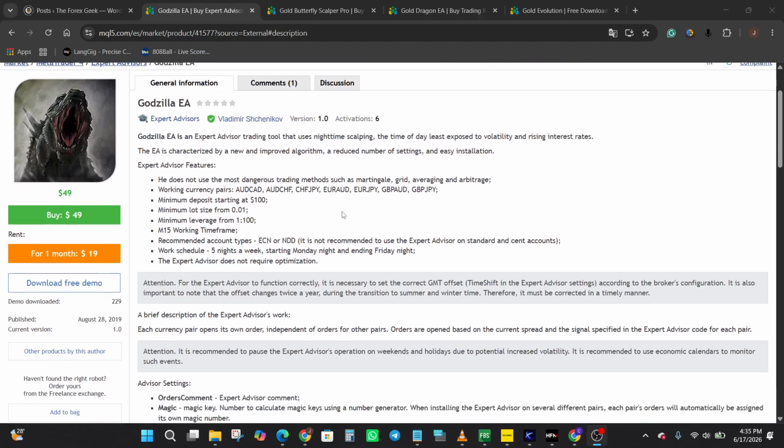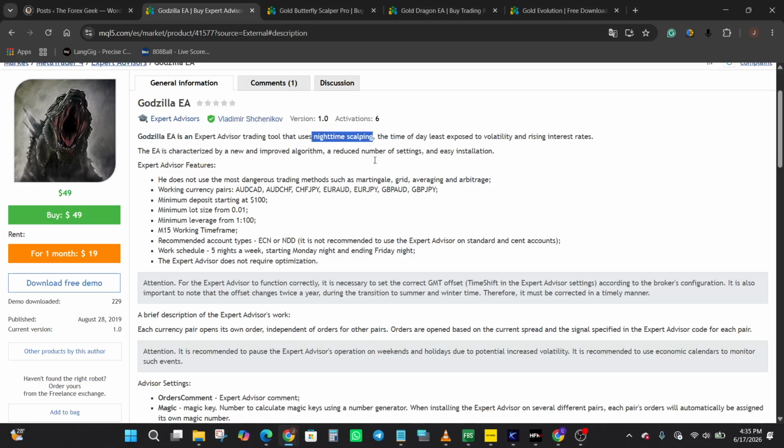Starting here on the marketplace page, Godzilla EA is currently listed at 49 US dollars with a 1 month rental option available for 19 US dollars. This is version 1.0, and according to the developer, the EA is designed as a nighttime scalping system that focuses on trading during periods that are generally less exposed to high volatility.